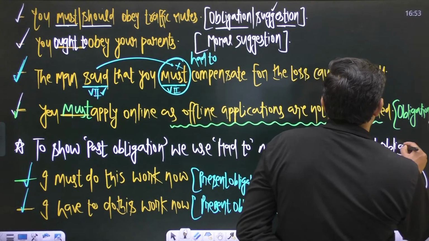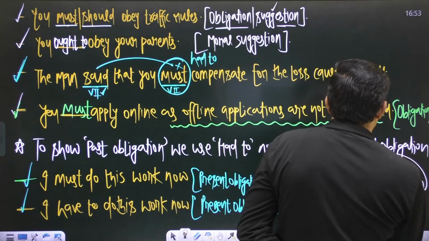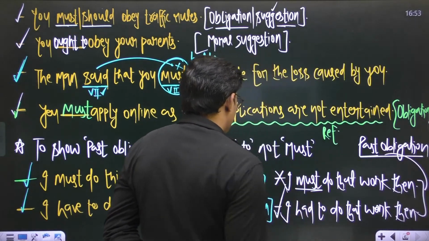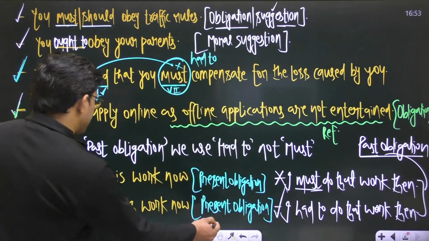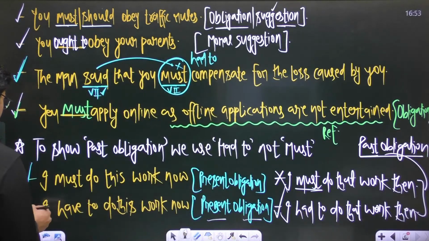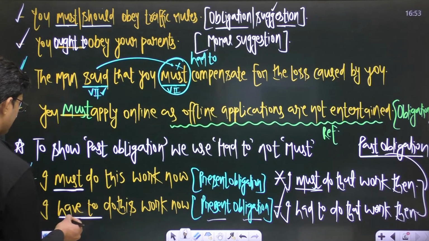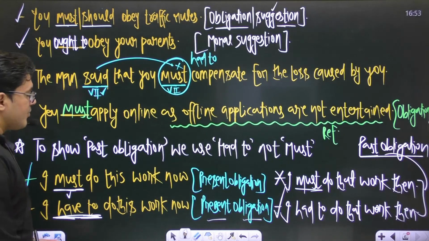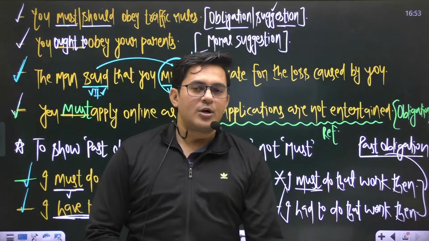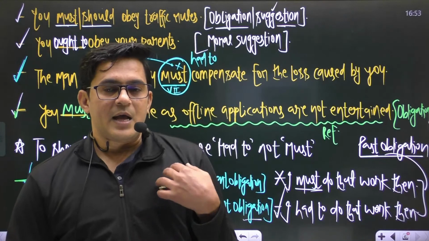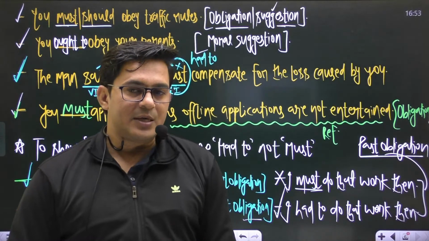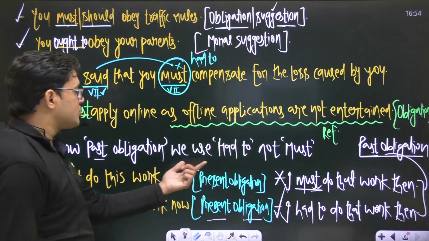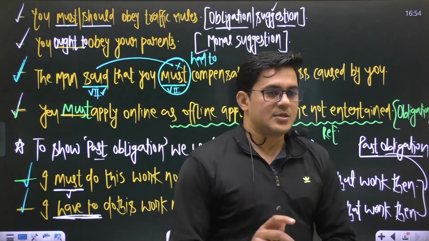So make sure of it in your mind, whenever you talk about past obligation, we don't use must, we use what? We use had to. But to show present obligation, you can use must or have to. Both are okay. Has to, have to, or must, any one you can use. But to show past obligation, don't use must. Use had to in place of must. The concept I told, to show past obligations, we use had to, not must.